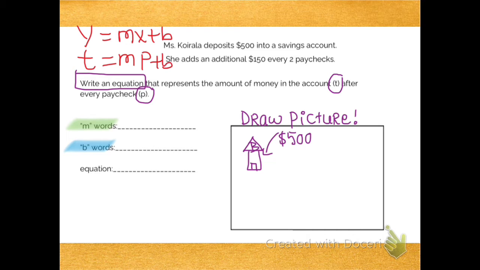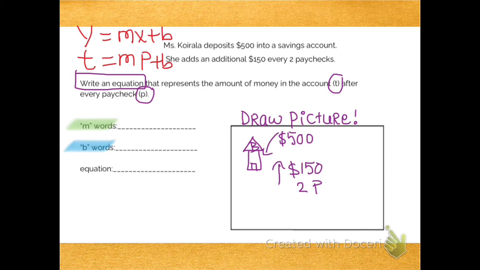Okay. All right, so here's the bank, B for bank, and I'm putting in or depositing $500, okay? And then after that, I am again adding an additional $150. I'm going to use a different color, sorry about that, but I am adding an additional $150 every 2 paychecks, okay, 2p.